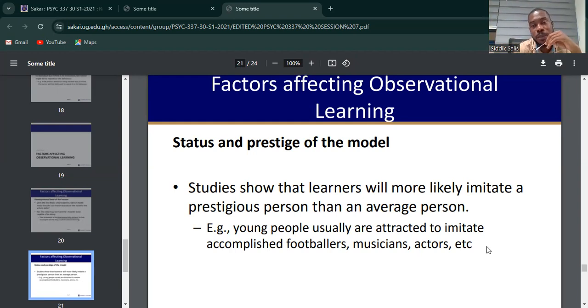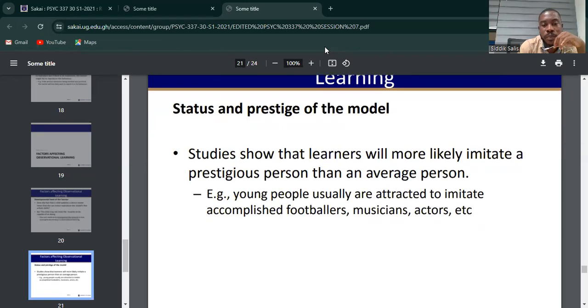So now you'll be looking at people like Bawumia, Mahama, Nana Addo, Kufuor. People are now looking up to Kufuor because he has accomplished a mission. People are looking at Barack Obama. So people are looking at a higher level of status than they were looking at before. So the status and prestige of the model is very important.